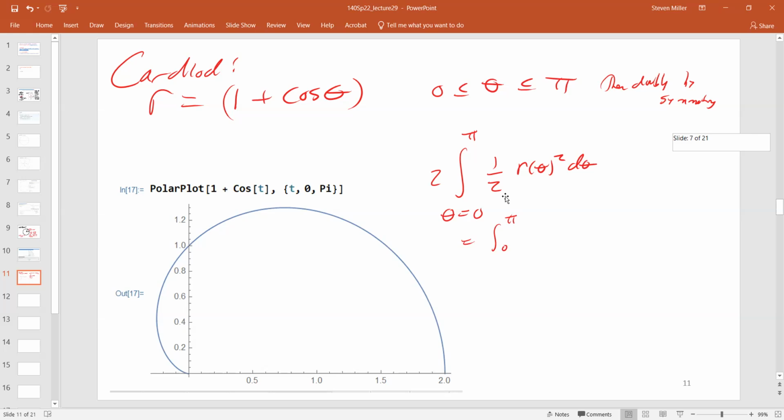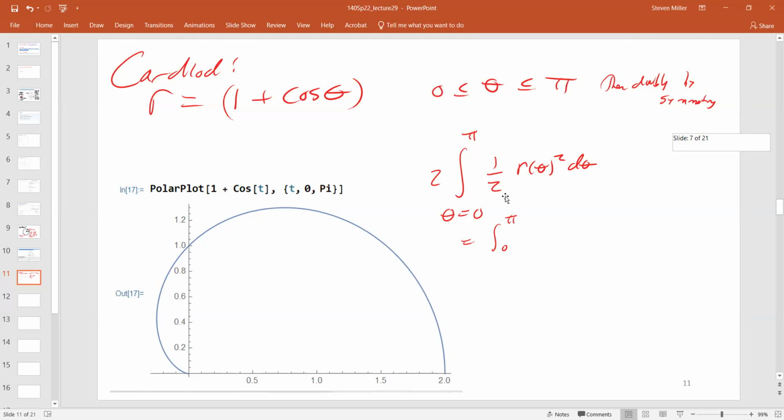So what is r of theta for this problem? It's written on this slide. It's 1 plus cosine theta.